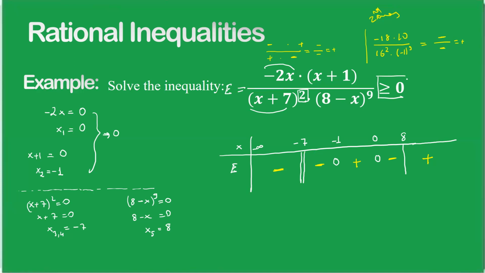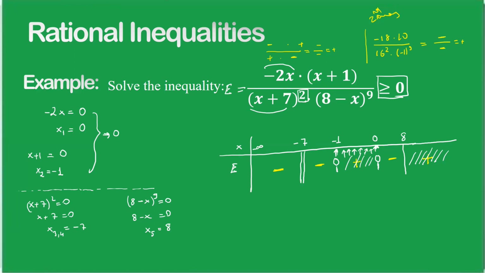Greater than or equal to 0, so positive signs, and also the number 0. These are our solution sets. The number minus 1, also this part is in the solution set.